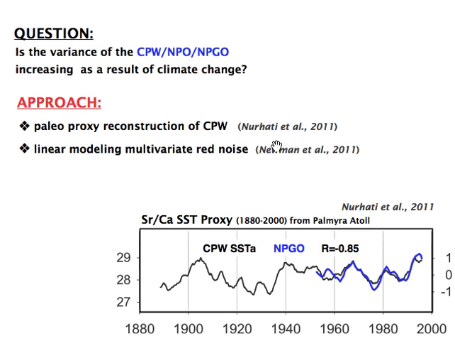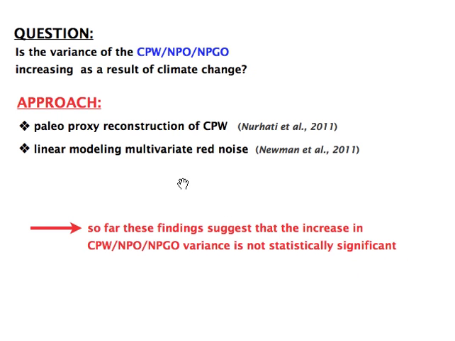A similar analysis and similar result was also obtained in a study by co-PIs Newman and Alexander, where they used a linear modeling multivariate red noise approach to show that the changes in CPW recently observed are part of stationary statistics. In other words, they're not statistically significant. I know there are other studies that have looked at different things, but so far these findings suggest that the increase in CPW, NPO, and PGO variance is not statistically significant.